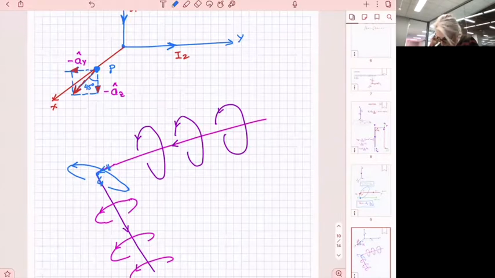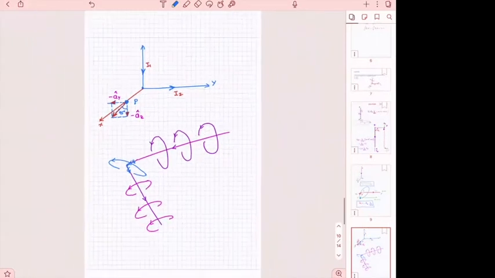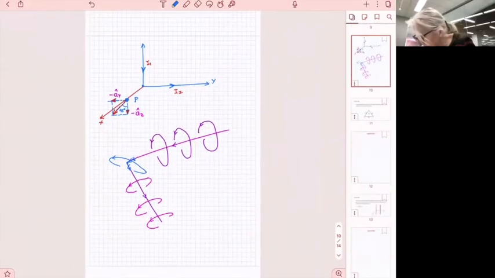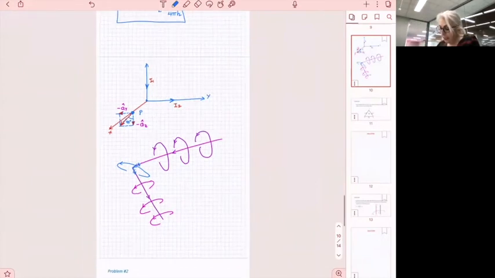Okay. So take a little bit of time just to visualize it, you know. I mean, the purple loops have to turn eventually to look like the pink ones.